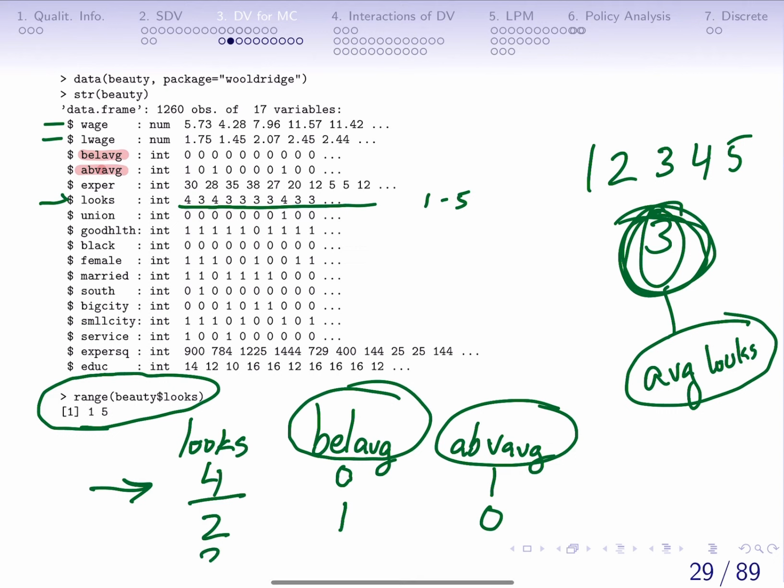In that case, both of these would be 0, right? So remember, this is going to be our base category, average looks.